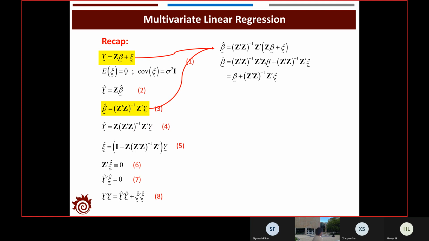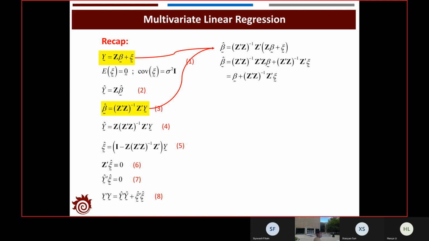We can then do some expansion and simplification, and we find that beta hat equals beta plus z transpose z inverse times z transpose epsilon. So this is the expression showing the relationship between beta hat and beta. Beta hat is the estimated value.